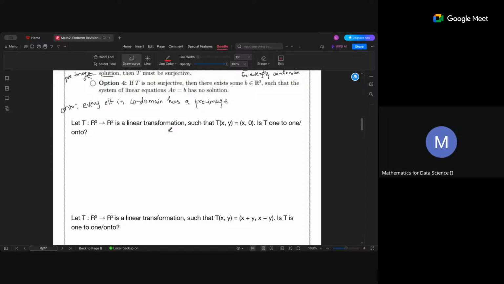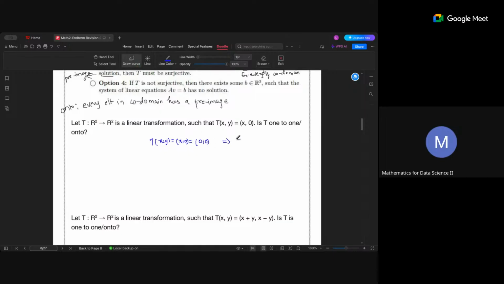So quickly, can you tell whether it is 1-to-1 and onto? It is 1-to-1, right? Because suppose you have T of (x, y) equal to (x, 0), then you get (x, 0) equal to (0, 0).